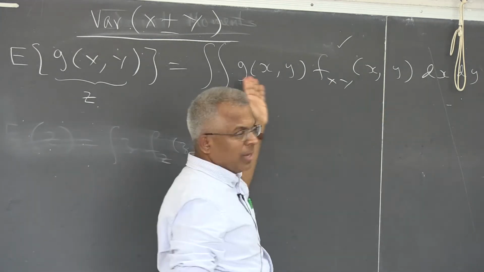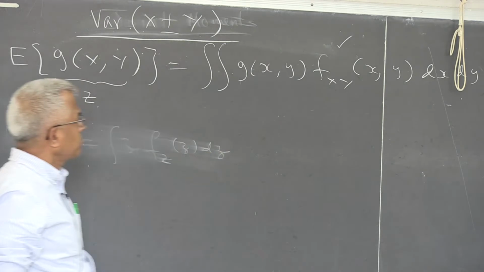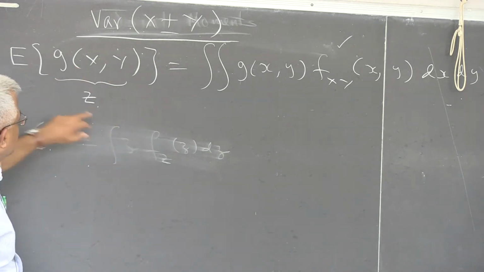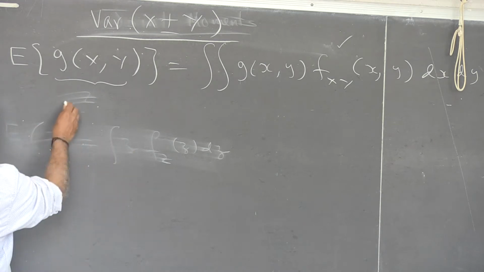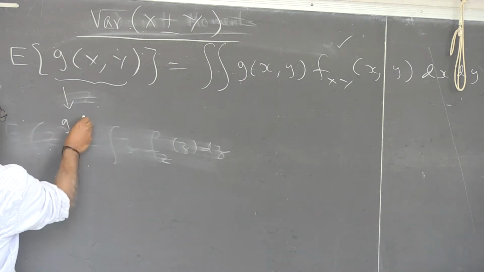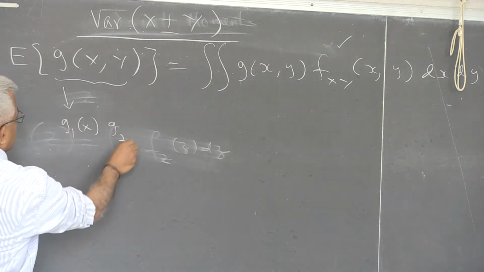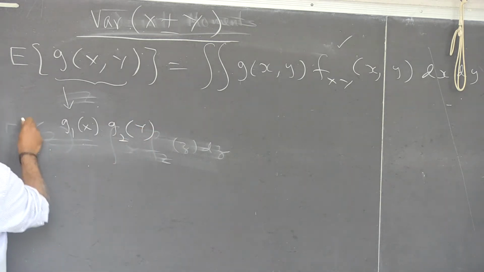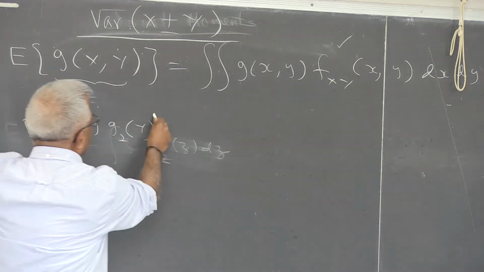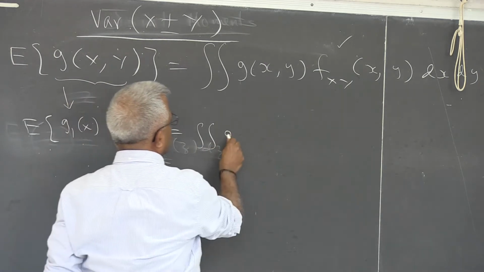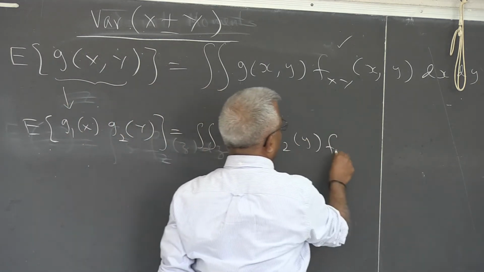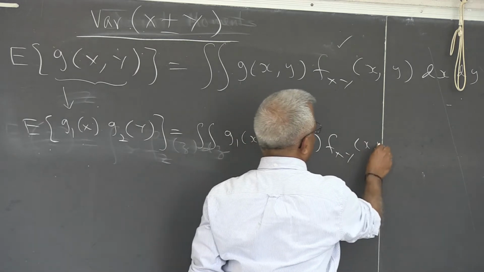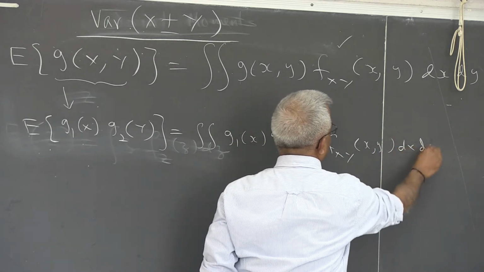Sometimes there will be an advantage, especially if this function happens to be a product of two functions. So it's possible that this is of the form g1(x) g2(y). In that case, this would be a double integral of g1(x) g2(y), and in general this is f(x,y) dx dy.